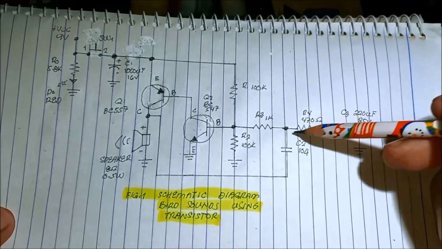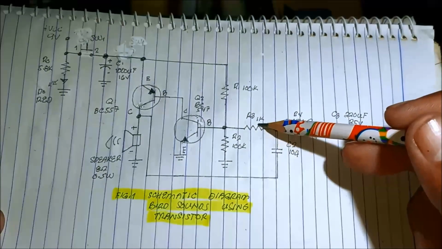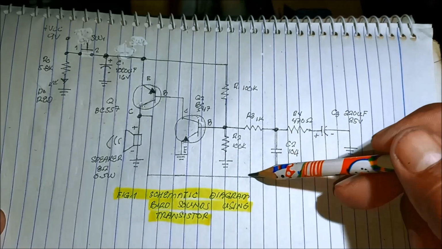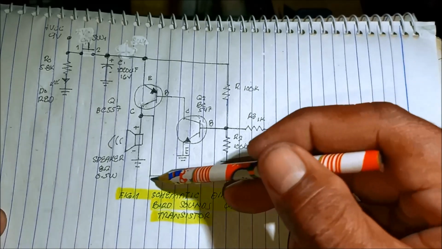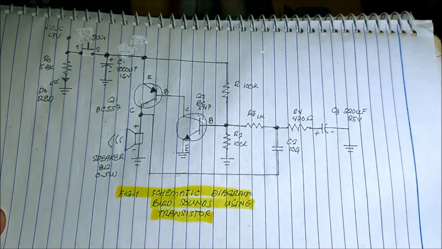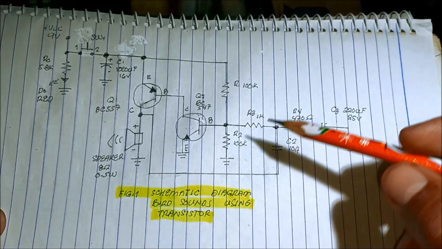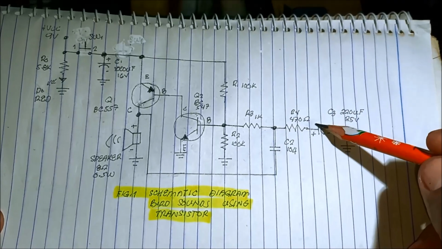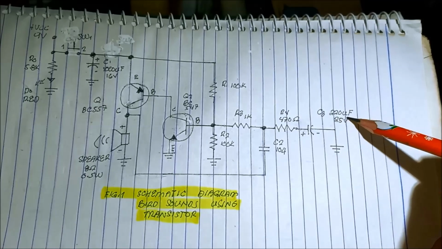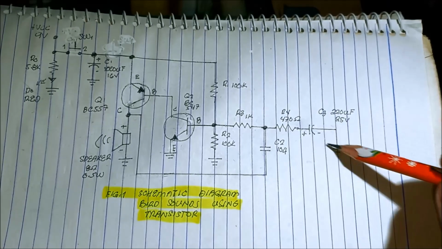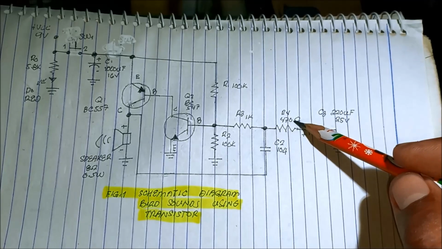Going to the right side, we have this 1K resistor connected to the capacitor, feeding back to the output. Also a 470 ohms resistor with a capacitor of 220 microfarad, 25 volts to the ground in series with this resistor.